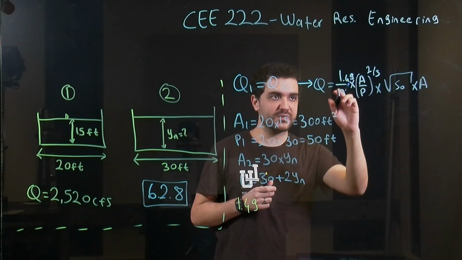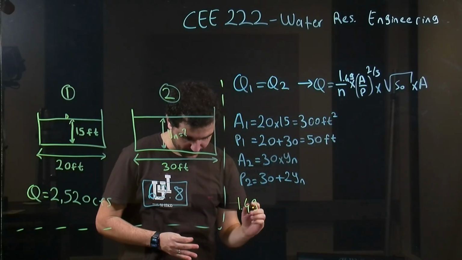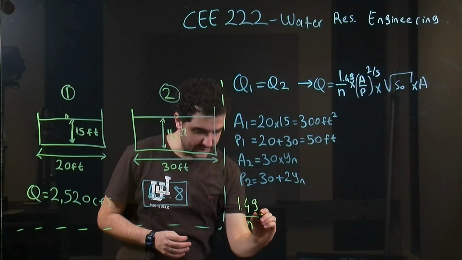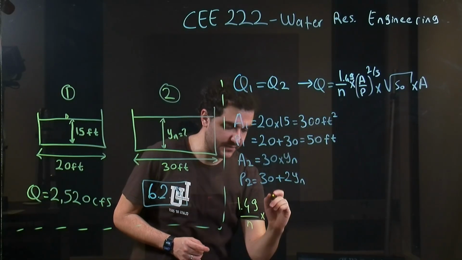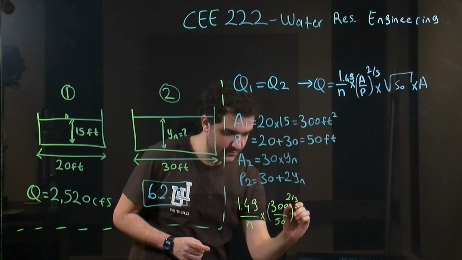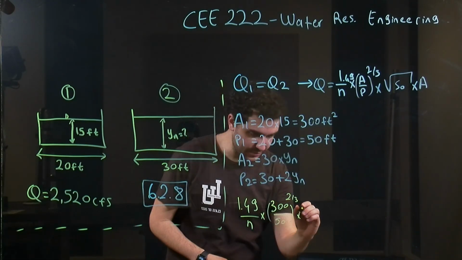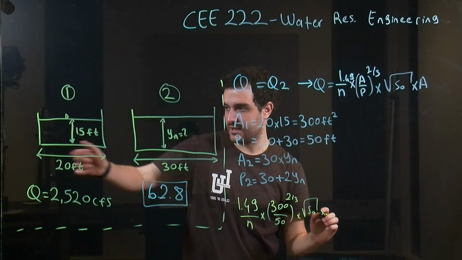So it is 1.49 over n. We have hydraulic radius 350, we have slope, and we have 300 area.